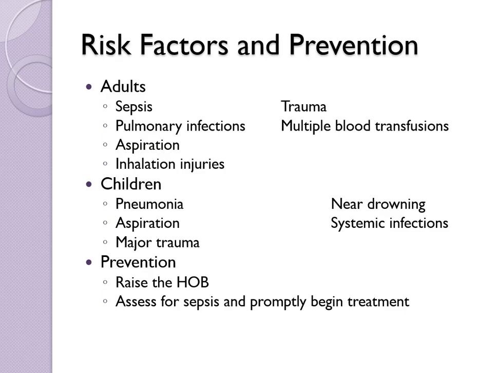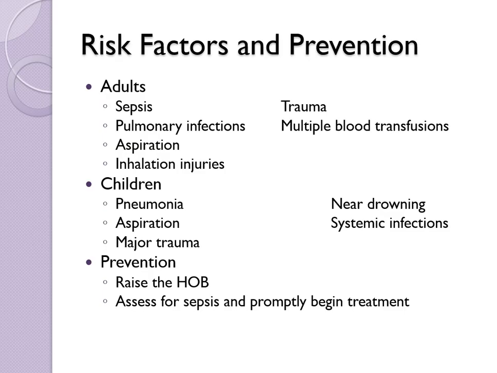There's a few others listed. I just picked the big ones, the things that we tend to see a lot. And then the interesting one is multiple blood transfusions. So this is patients who've required multiple blood transfusions that can get into respiratory failure, specifically related to the blood transfusion. And I have actually seen this a couple of times. It's pretty rare, but it can happen.